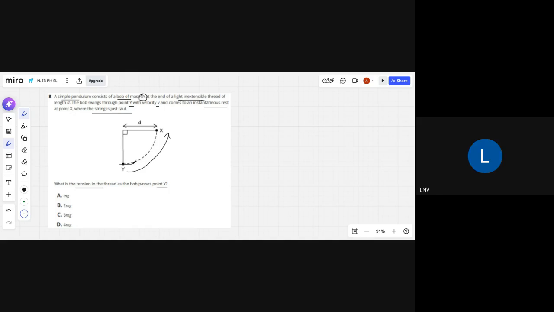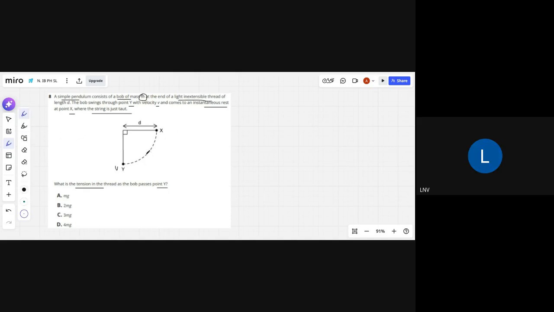Well, the tension would be like the opposite force of the centripetal force, right? Or no? Is it not just the centripetal? Yes, the tension is the centripetal force.